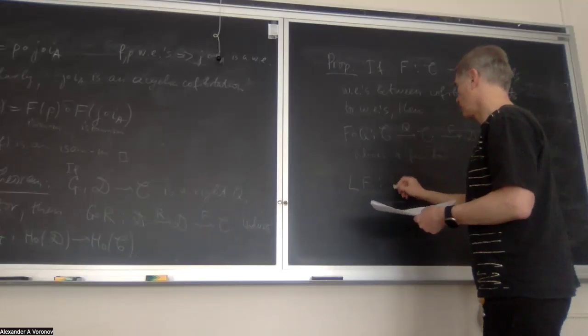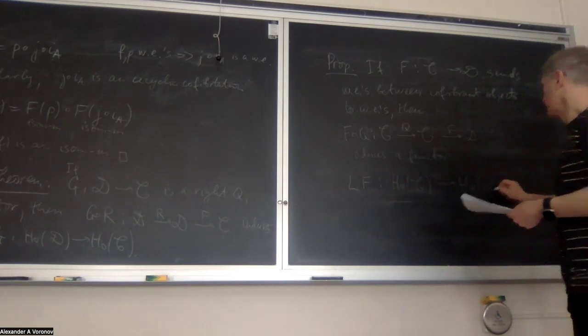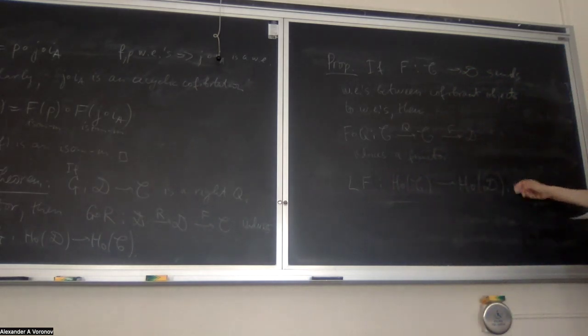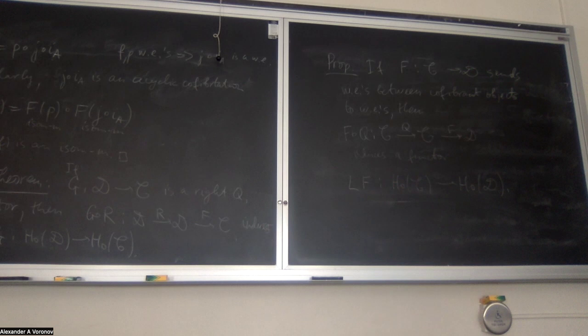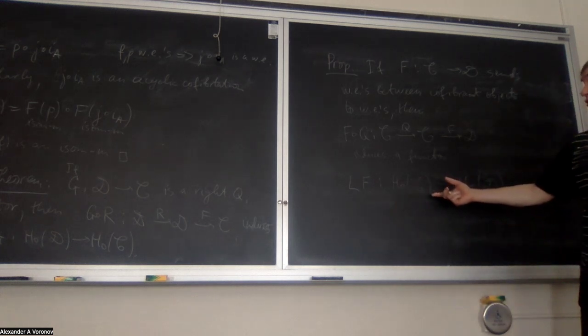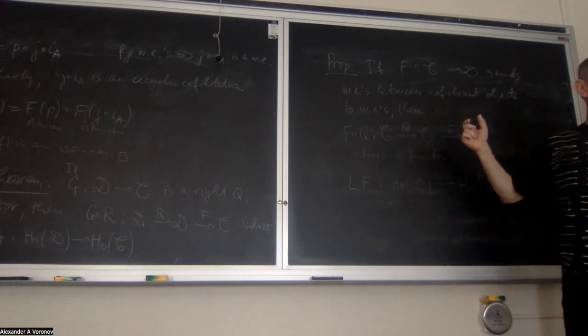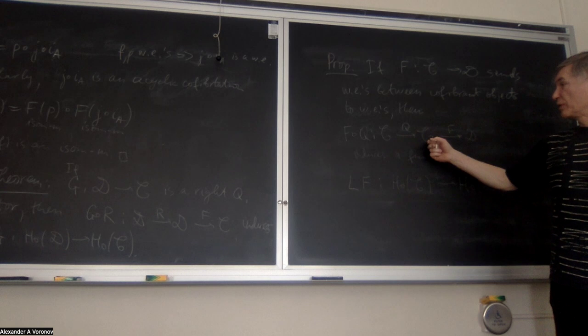This is the homotopy category of C to the homotopy category of D. And so basically the proof of this is the same, except that we don't need to prove Ken Brown's lemma, it's already given to us. So the only thing we need to check is that weak equivalences are mapped to weak equivalences by this composition.